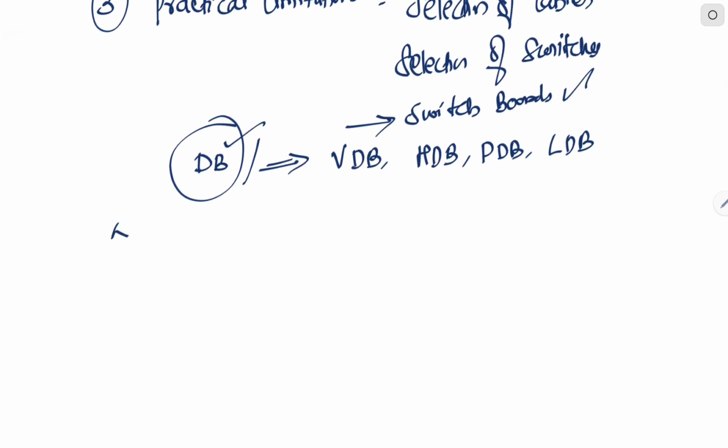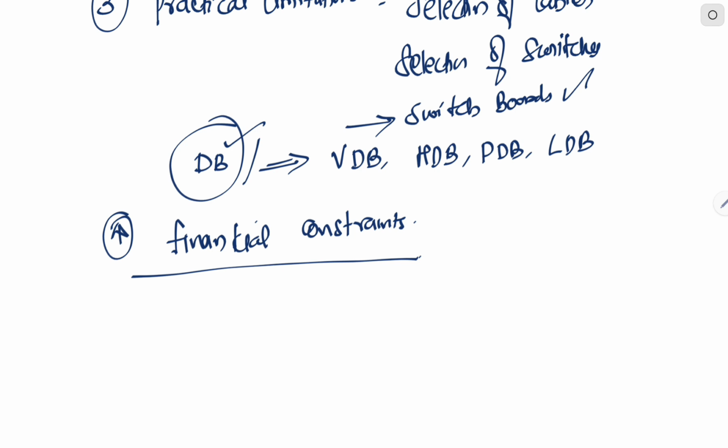And the last important parameter is the financial constraint. In every electrical design, the financial part is the important one.